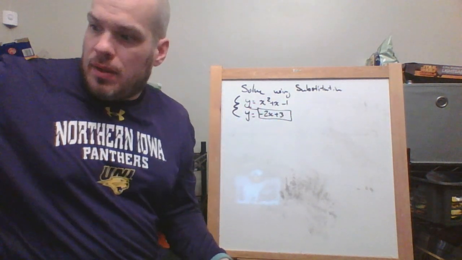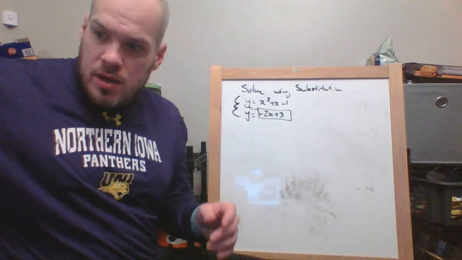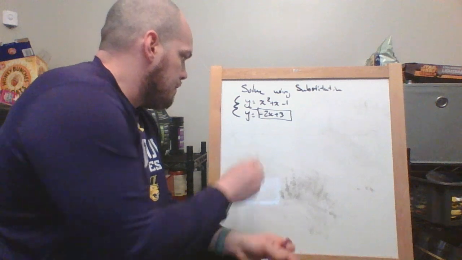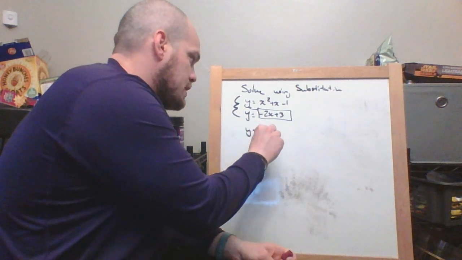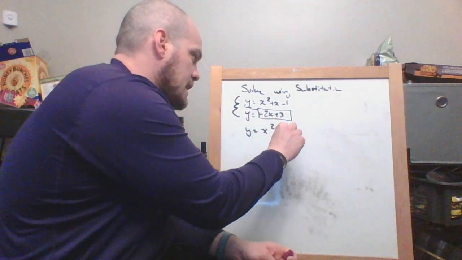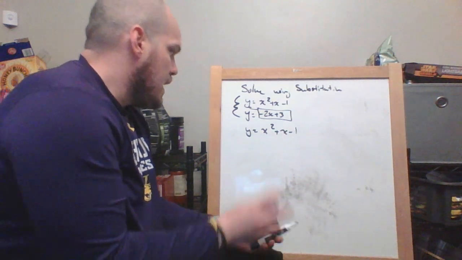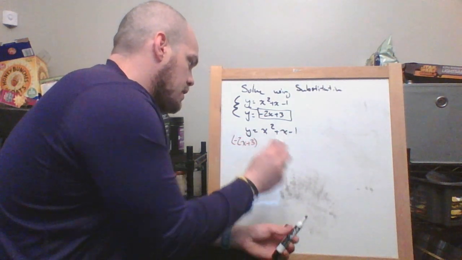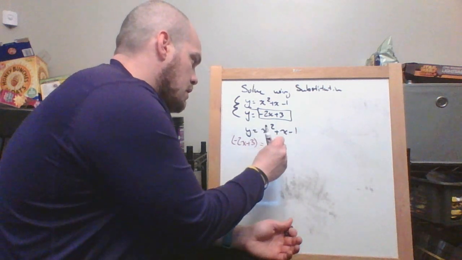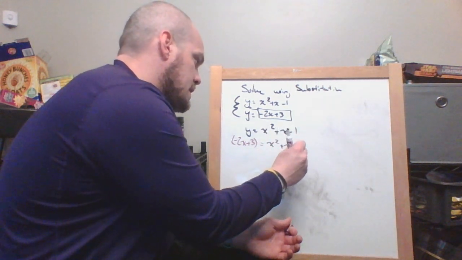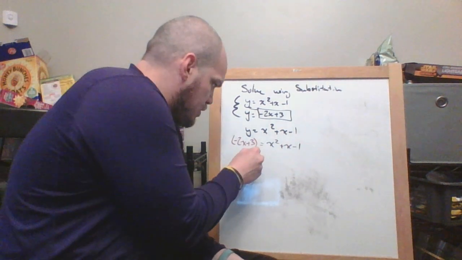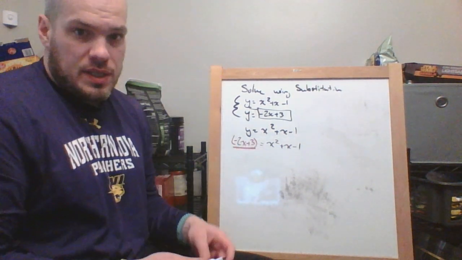So instead of y equals x squared plus x minus 1, we end up with negative 2x plus 3 equals x squared plus x minus 1. And there's a substitution. We substituted in what y was equivalent to.